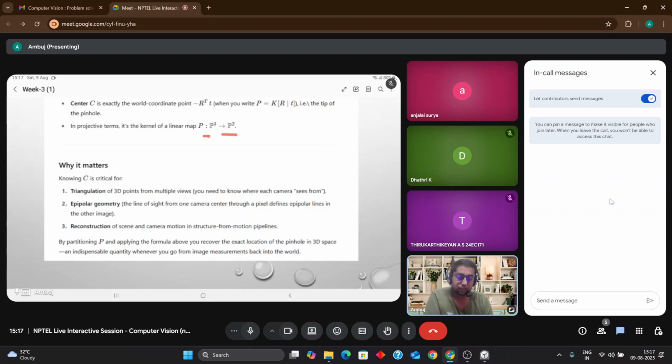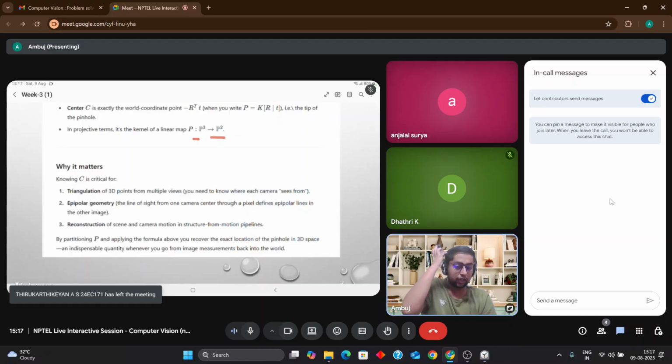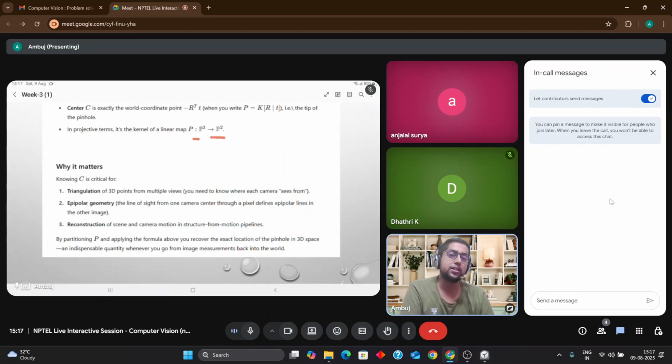That is triangulation. In epipolar geometry, the line of sight from one camera center through a pixel defines the epipolar geometry, and the reconstruction of the scene and camera motion in structure from motion pipelines. Nowadays various applications are coming. For example, 3D movies are projected in IMAX studios.